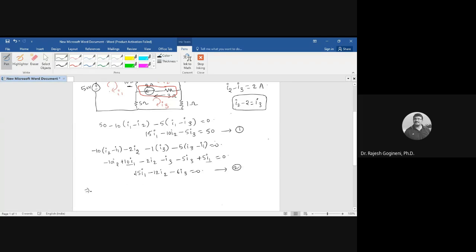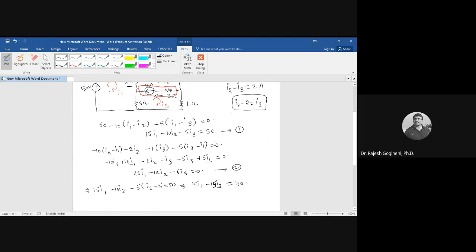So the first equation is 15I1 minus 10I2 minus 5 into I3 is equal to I2 minus 2. So simplify this. 15I1 minus 10I2 minus 5I2 plus 10, means it is equal to 40.